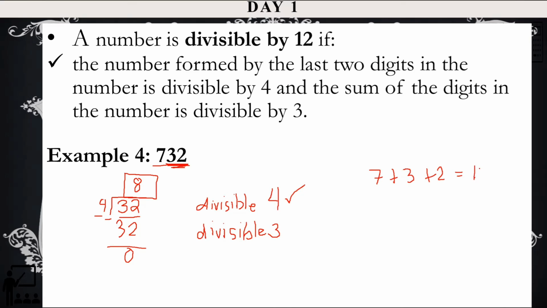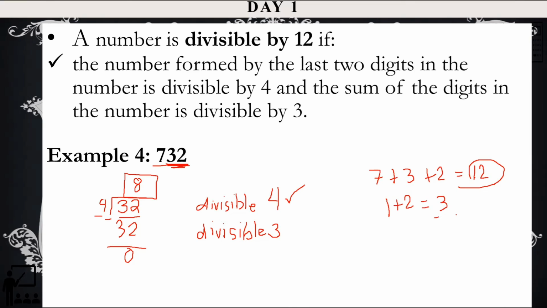So, pwede pa natin gawin yung process ng divisibility by 3, which is 1 plus 2. Saan natin to nakuha yung 1 plus 2? Dito po sa ating 12. So, when we add 1 plus 2, it is equal to 3. And 3 is divisible by 3.